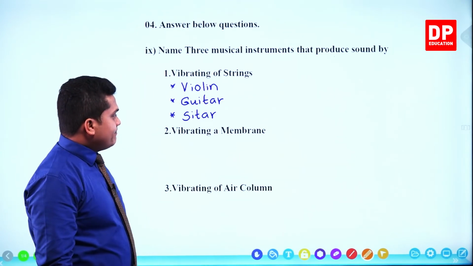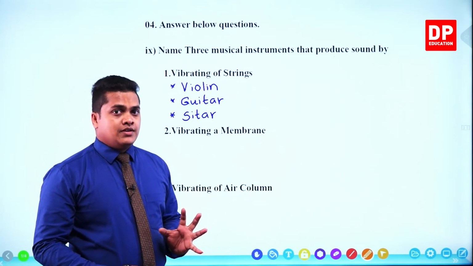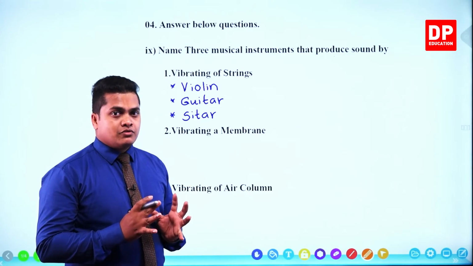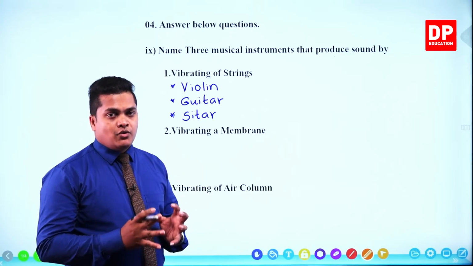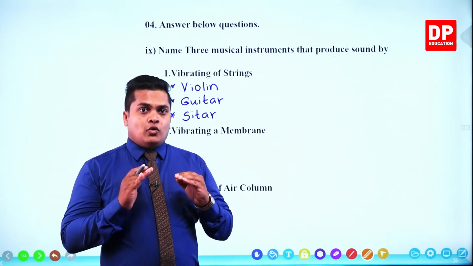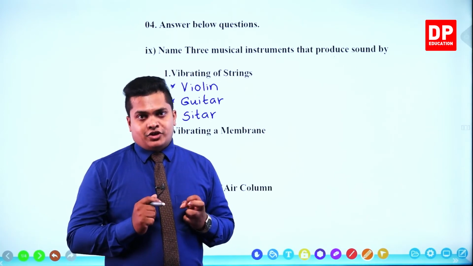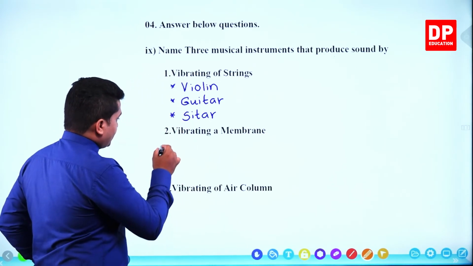Next one, by vibration of a membrane. So we are going to write down some musical instruments that produce sound by vibrating membranes. Almost all kinds of drums produce sound by the vibration of membranes.